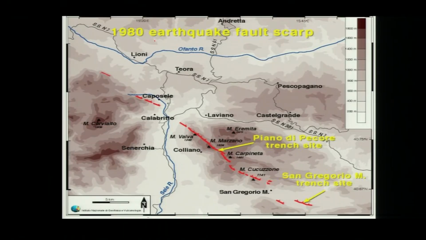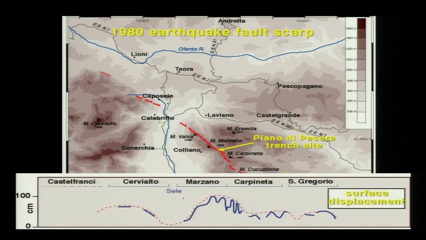So, the 1980 rupture was identified along this fault at different locations. I will show a couple of photographs which they have taken, and then finally they decided to undertake paleoseismic studies in one of the best locations, which provided them the history of the faulting along the Irpinian fault.